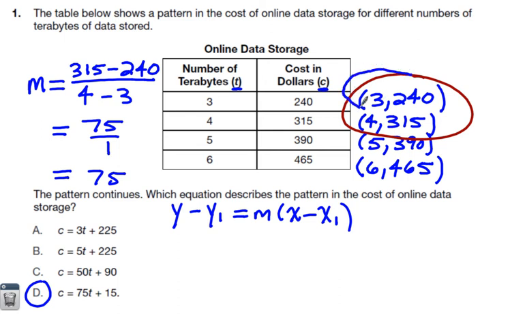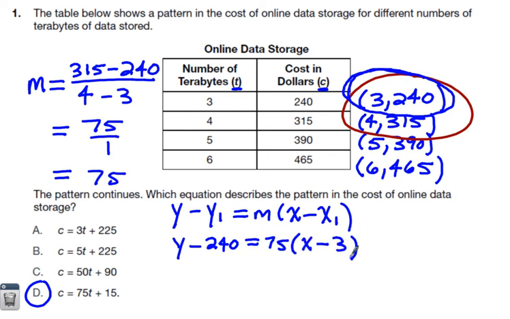That's going to be y minus 240 equals 75 times x minus 3. In order to make this look like one of the choices, we're going to have to distribute to clear the parentheses. So we get y minus 240 equals 75x minus, what is 3 times 75?